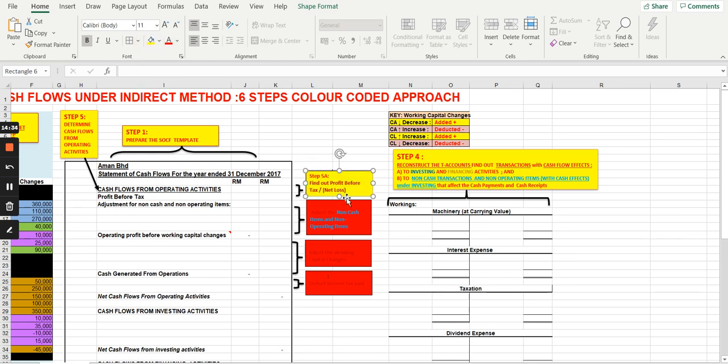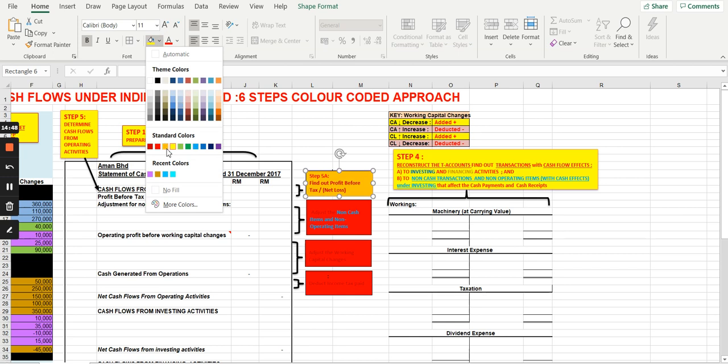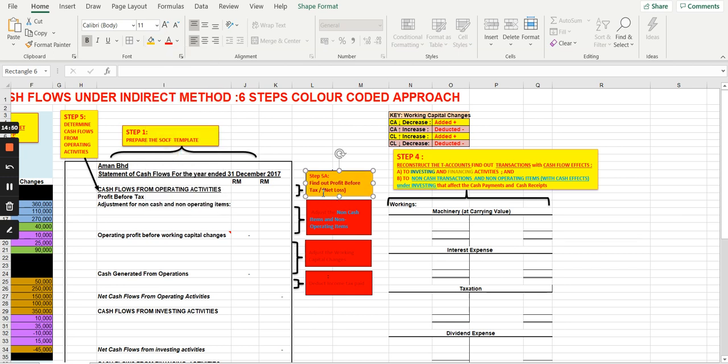First you can find out the profit before tax. This is under step 5. Step 5 is to determine the cash flow from operating activities. Under step 5, you have step 5A: you need to find out the profit before tax.